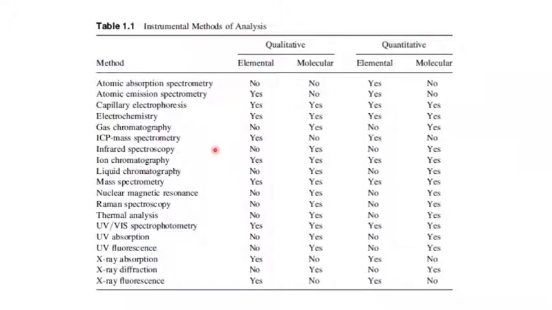Here are some different types of instrumental methods of analysis. So we have qualitative, we have quantitative, and whether or not they're elemental or molecular. So atomic spectroscopy up here at the top, atomic absorption spectroscopy, we have qualitative, quantitative uses. Atomic absorption spectroscopy, as we'll find out later, actually totally destroys the sample that we put in.